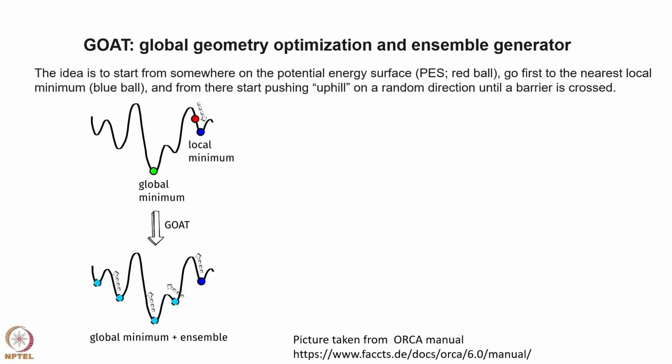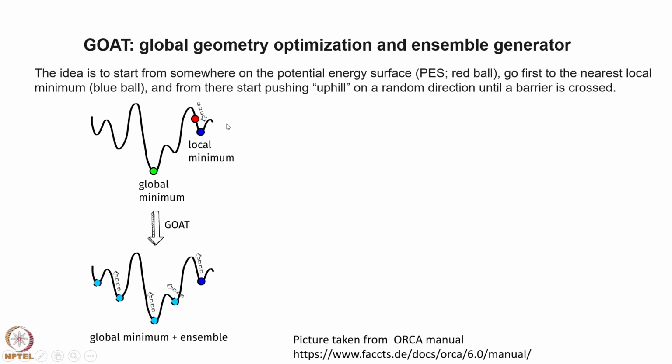So the way the Orca algorithm works is that it starts from somewhere on the potential energy surface, like this point, and then first it optimizes to the local minima, then it starts pushing upwards. Pushing upwards is done by applying some force at some finite temperature, and then it goes uphill in a random direction until a barrier is crossed.